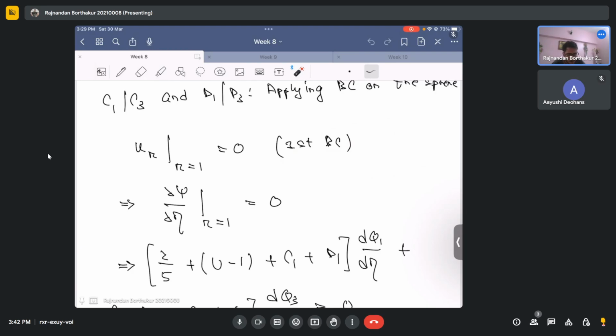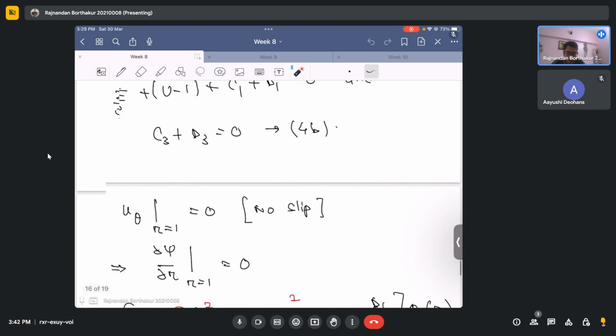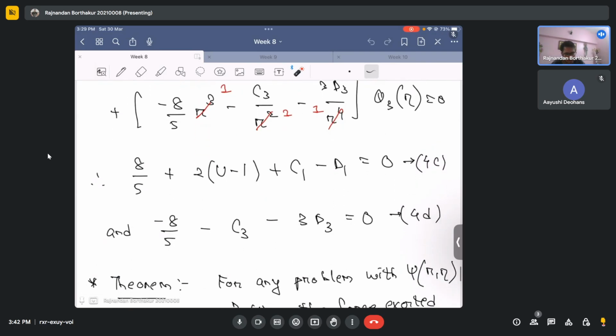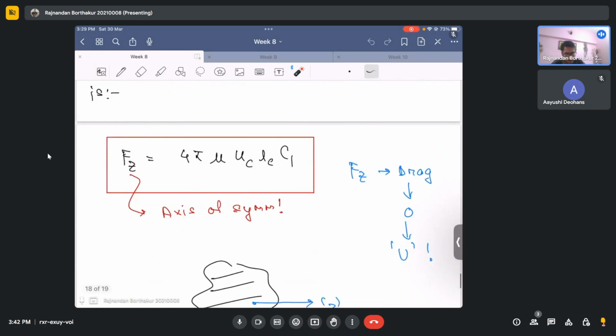And the second thing, I also want to point out that in one of your assignments, the assignment on lubrication theory, week 6 or whatever it is, it was asked that for a creeping flow, what is the ratio of the drag induced by the pressure to the viscous drag? Now, here is the thing.